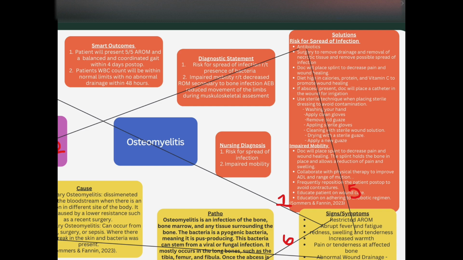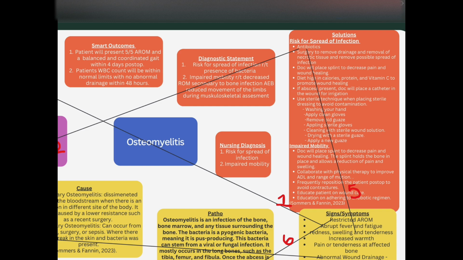So our diagnostic statement is going to be impaired mobility related to decreased ROM secondary to bone infection, as evidenced by reduced movement of the limbs during musculoskeletal assessment.